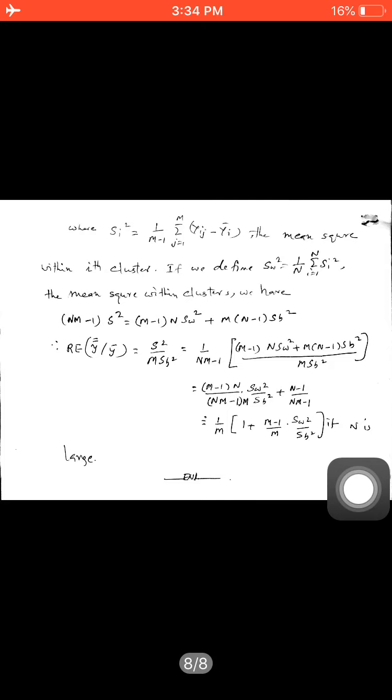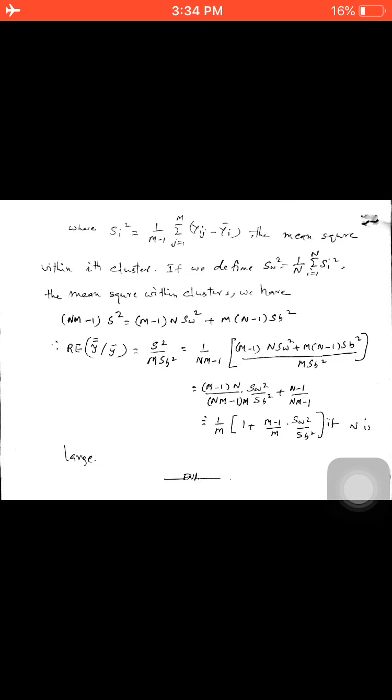And these are regarding cluster sampling with equal size. Equal size means all clusters have capital M elements. But we have already argued that such situations are only ideal, and in practice we will have clusters with different sizes.